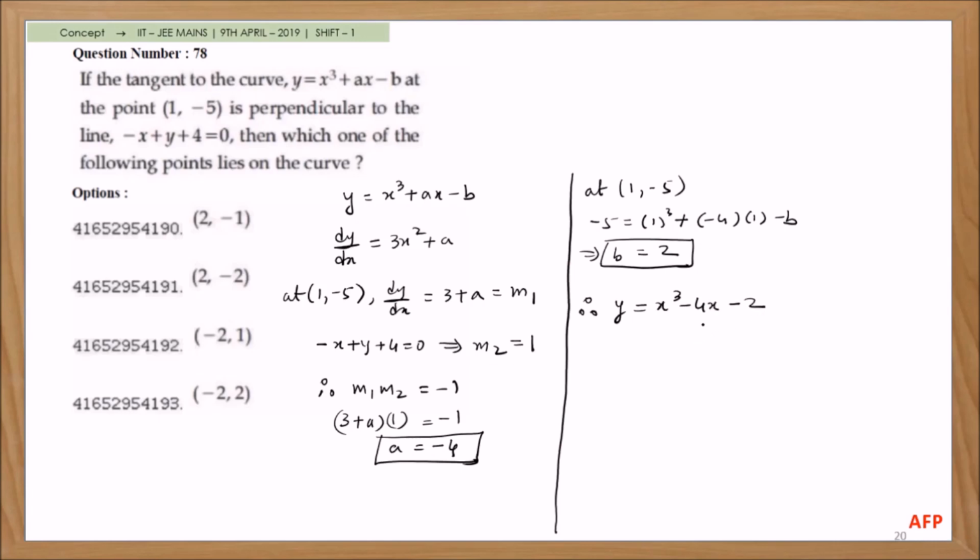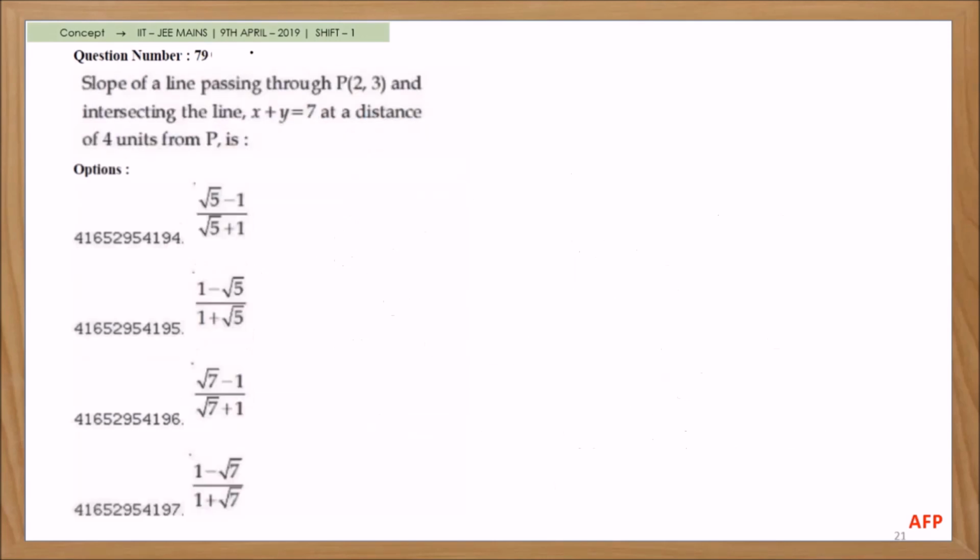So which point will it satisfy, you can see. It will satisfy the point (2, -2), because 2 cube minus 8 minus 2. So therefore (2, -2) lies on the curve. Option 2 it follows.